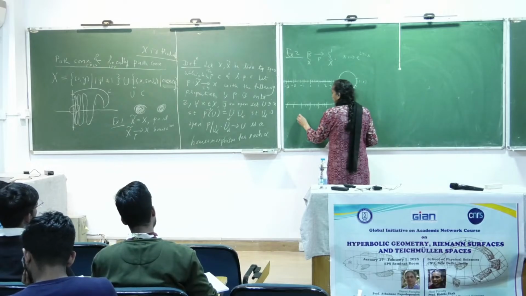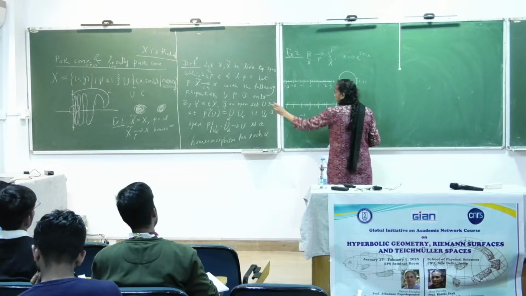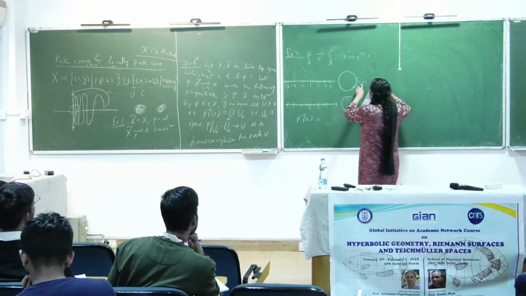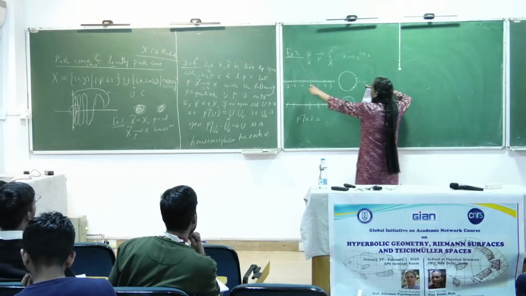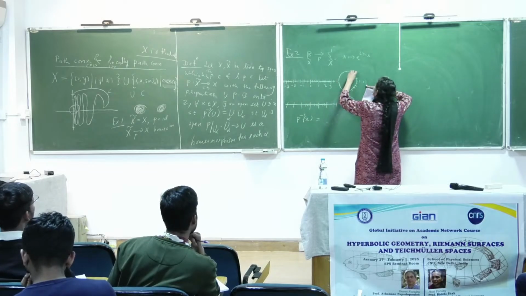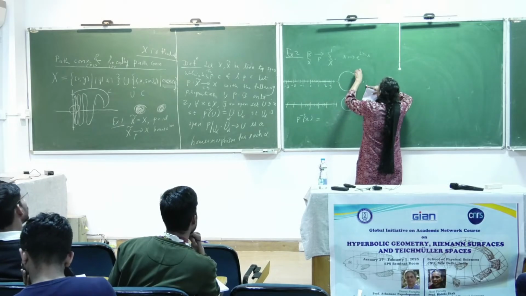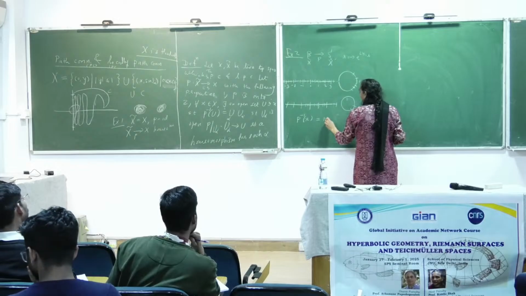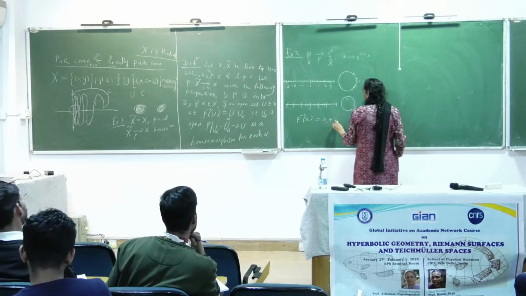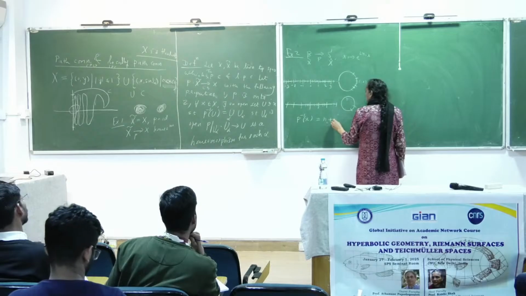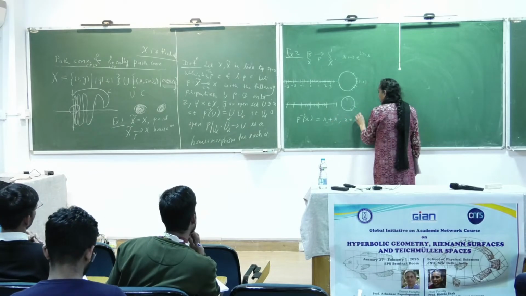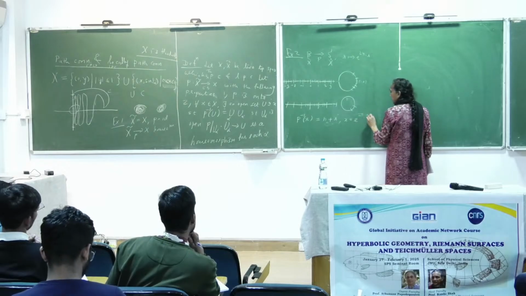So what is P inverse of an element? Here if you look, P inverse of (1, 0) is Z, and of any point, suppose you have e to the power 2 pi i r, then in this case it is going to be n plus r, where x is e to the power 2 pi i r, right?